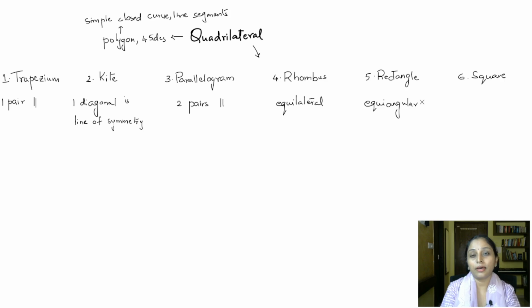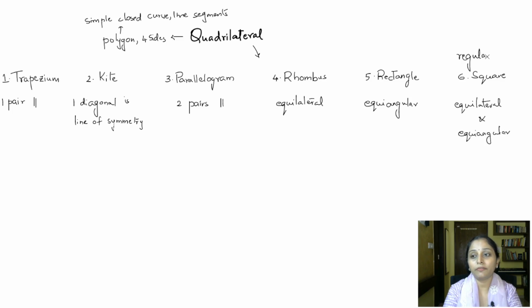All angles are 90 degrees, that is to say that all angles are equal. And then coming to square, it is both equilateral as well as equiangular. This definition, you need to be thorough with.